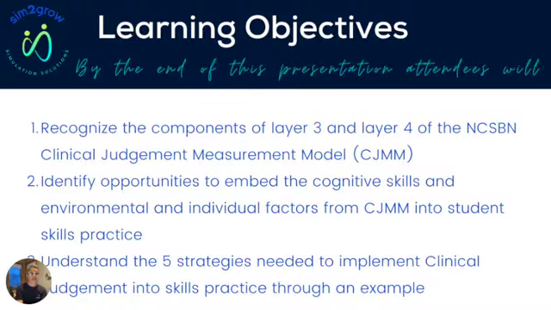They will identify opportunities to embed both the cognitive skills as well as the environmental and individual factors from CJMM into student skills practice. And you will understand the 5 strategies that you can use to implement clinical judgment into skills practice. And we're going to do that through the use of an example.